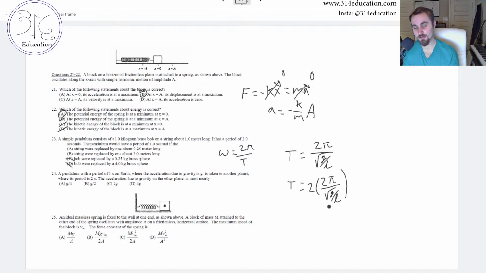If this needs to be half the magnitude, our length needs to double. No, our length needs to quadruple, because it would be 1 over 4. 23 is actually not an accurate question. It should be 4 meters long.